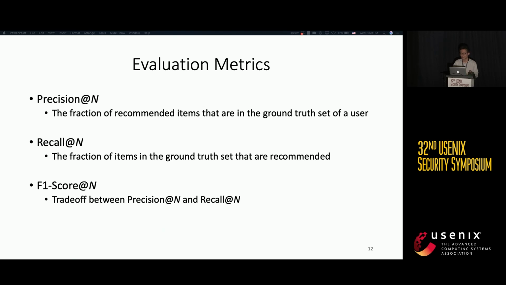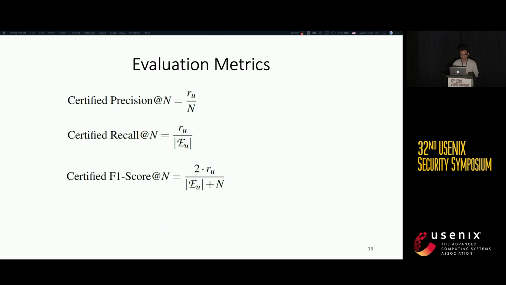And it's very challenging to enumerate all possible data poisoning attacks. So in response, we use certified precision at N, certified recall at N, and certified F1 score as evaluation metrics. Certified precision at N is the lower bound of the precision at N under arbitrary data poisoning attacks with at most E users. And similarly, certified recall at N is the lower bound of recall, and certified F1 score is the lower bound of F1 score.